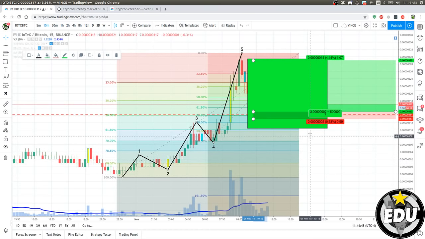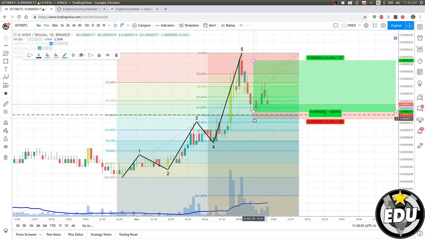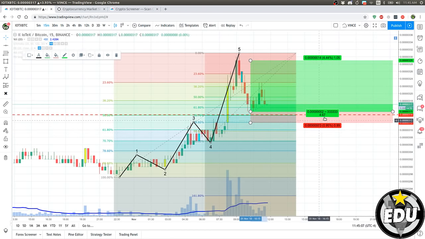And as you guys can see, let's move this rectangle. My risk reward here is 7, because this is the tool you should use to show your risk reward. Of course, as soon as I drop my stop loss just a tiny bit below, my risk reward decreased to 4.767.